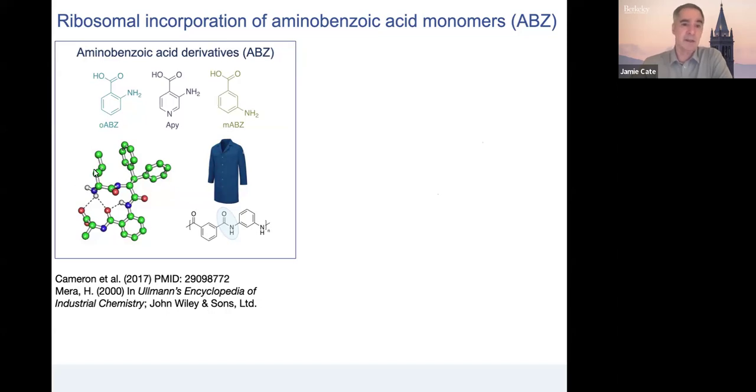They can fold into interesting three-dimensional structures. They can also have properties like this aramid here, which is fire retardant. So lab coats that you might have in the lab, if you want to avoid having your clothes catch on fire, you might wear a lab coat that has this kind of polymer in it.